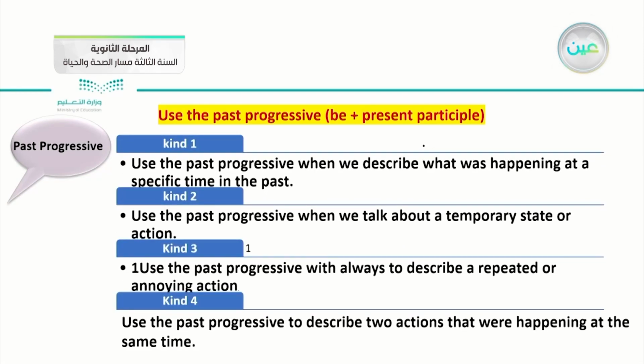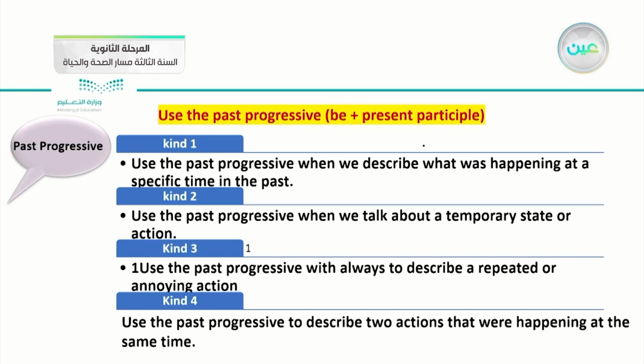We have 4 kinds of the past progressive. Kind number 1, we use the past progressive when we describe what was happening at a specific time in the past. So if you want to discuss something that happened already in the past, you should apply the past progressive with it.